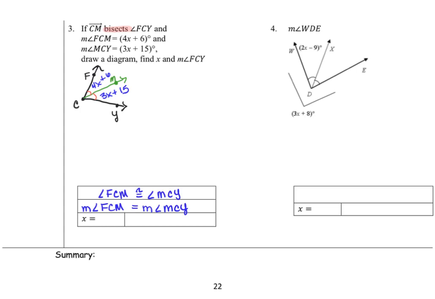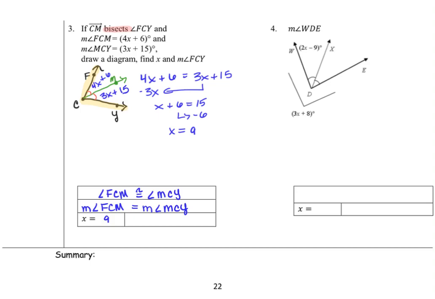Great job. So now to solve for x, all we have to do is set these two expressions equal to each other. So we have 4x plus 6 is equal to 3x plus 15. Subtract the 3x over, and then subtract the 6 over, and you get x equals 9. So now we have to find the measurement of FCY. So FCY is the measurement of the entire angle.